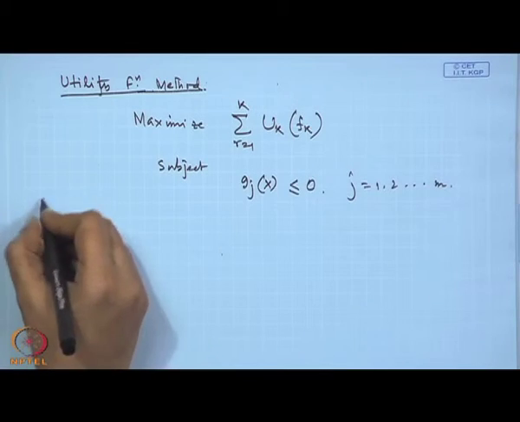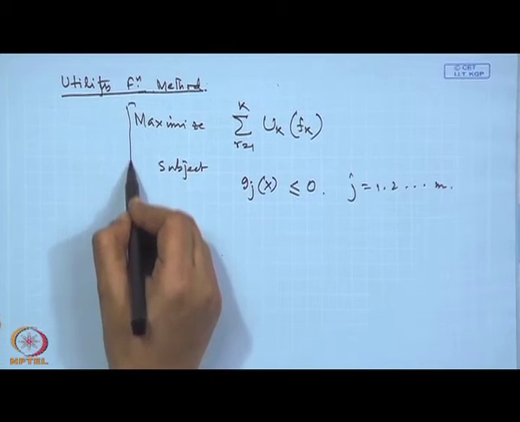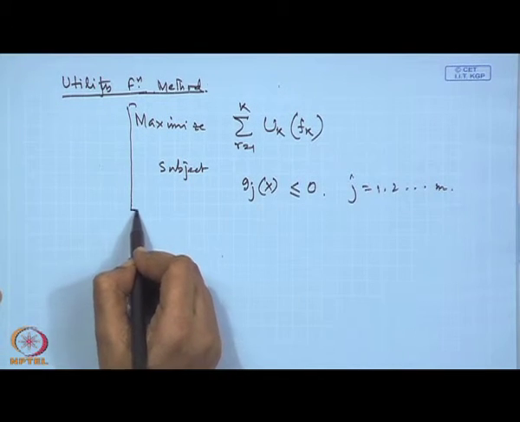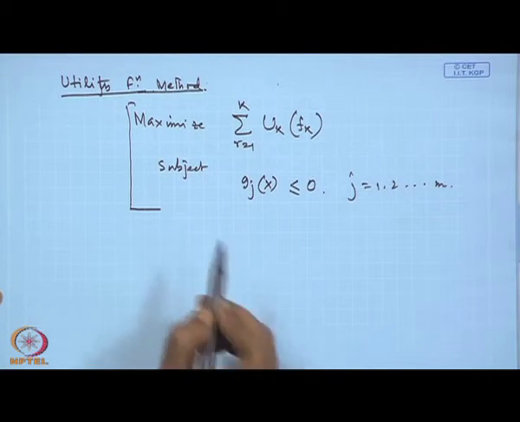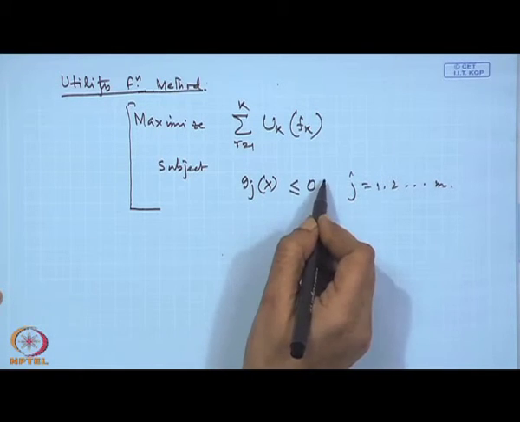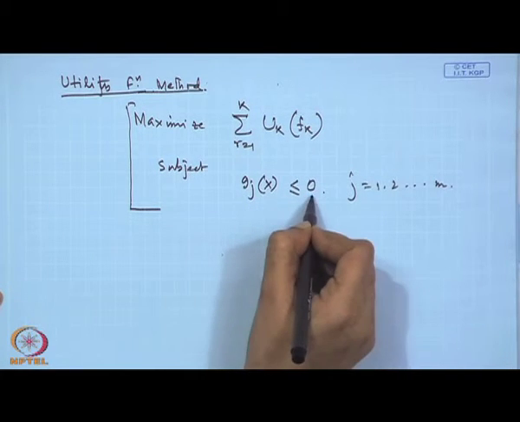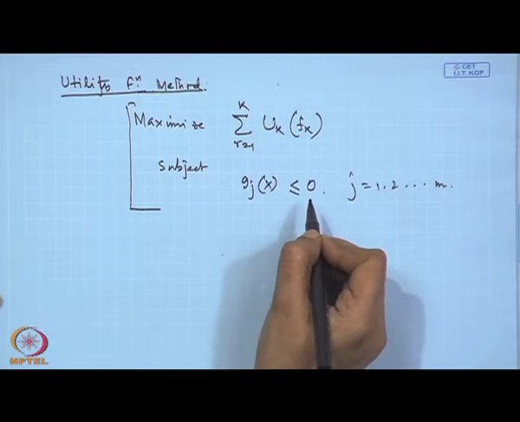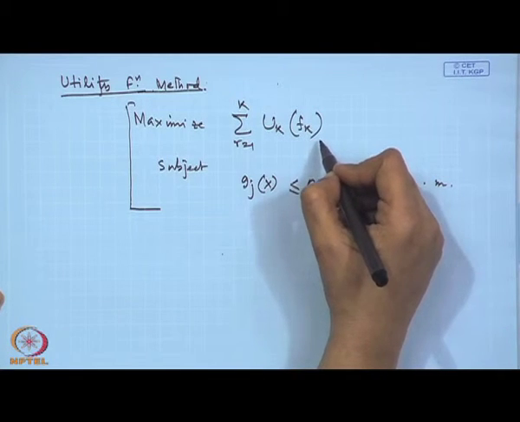There are certain variations of the utility function method as well. At least geometrically, if I look at the utility function form, we could see that the solution would be the point where we have the intersection between the non-dominated frontier, which comes out of the feasible space considering the behavior of the objective functions, and the indifference curve.